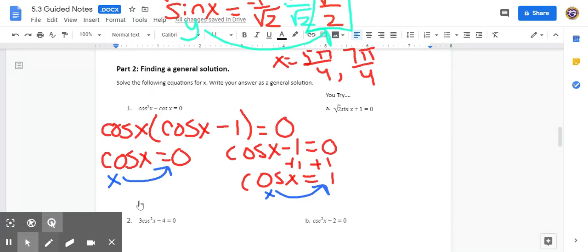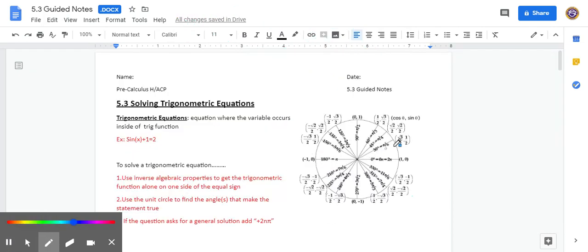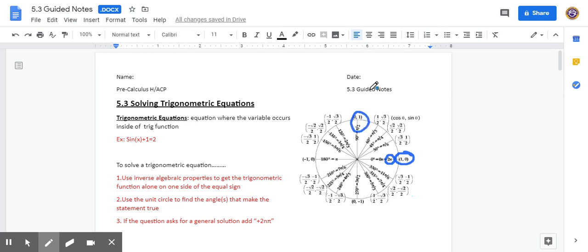So we go to our unit circle. So looking for an x that's 0 and positive 1. So here's one that's positive 1. And let's look for 0. Here's one that's 0. And here's one that's 0. All right, so we have positive 1, so we'll put 0, pi over 2, and 3 pi over 2.